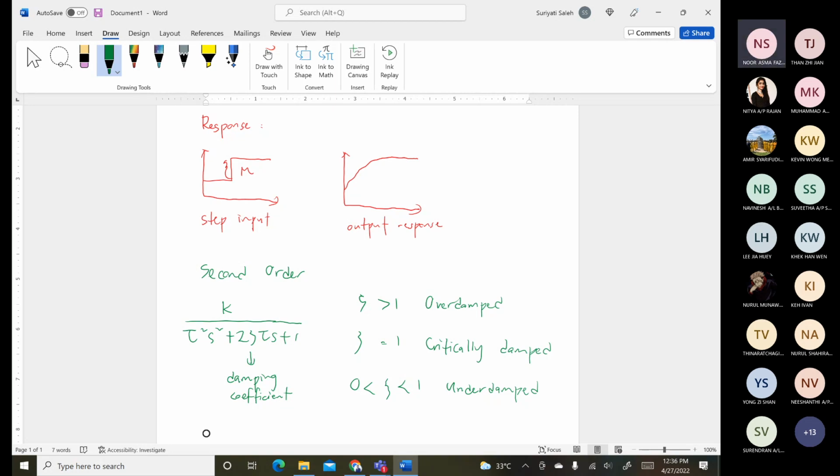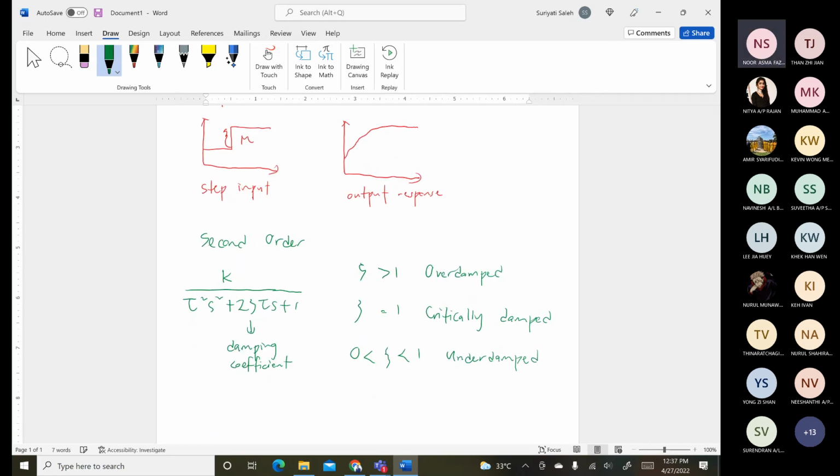Note that the damping cannot be negative. It's like a time constant. So the minimum value should be 0.01, and it also cannot be 0. That's why you have 0 less than damping less than 1. It's not less than or equal to, it's just less than. So the damping cannot be 0 or negative. This is the criteria for the damping.